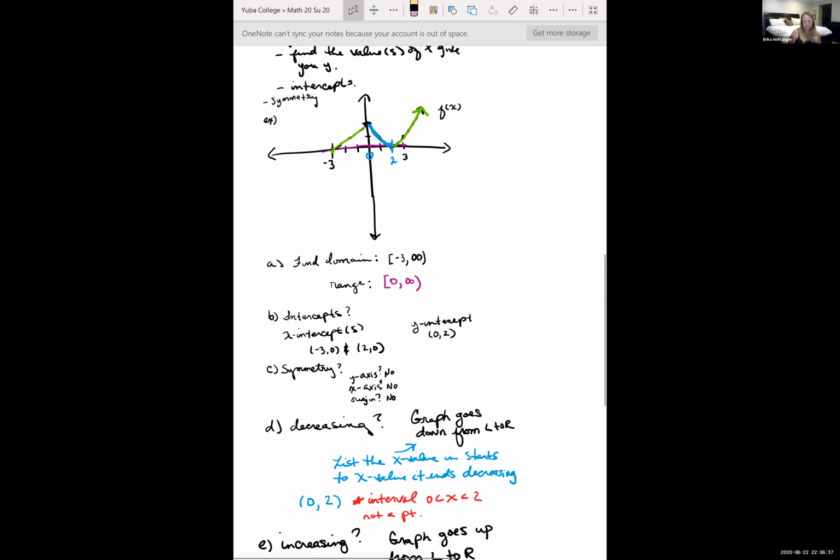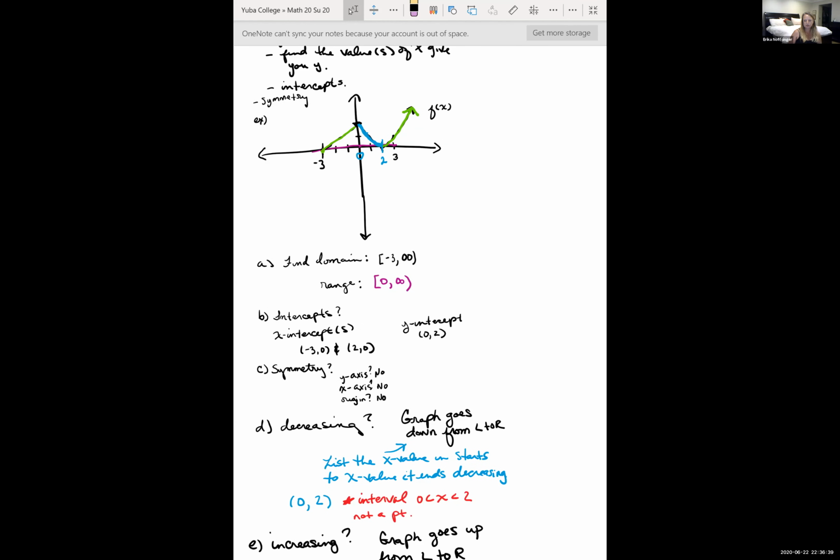If I'm looking for local maxes or local minimums, I'm looking at, is there a peak or a valley? Is there a place where the graph stops increasing and then starts decreasing? Or is there a place where the graph stops decreasing and then starts increasing? Those points are called local max and local mins.